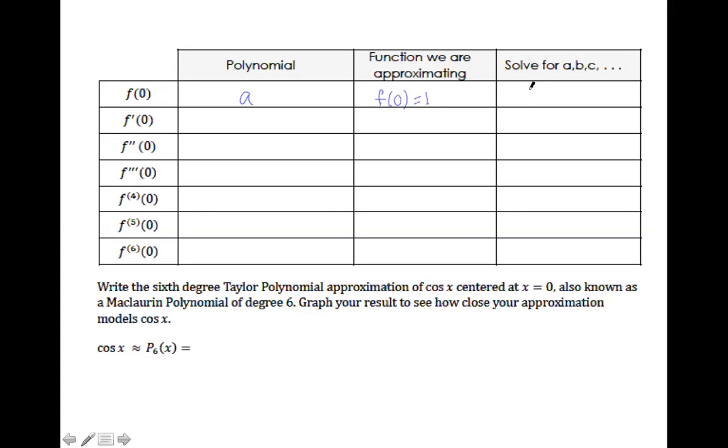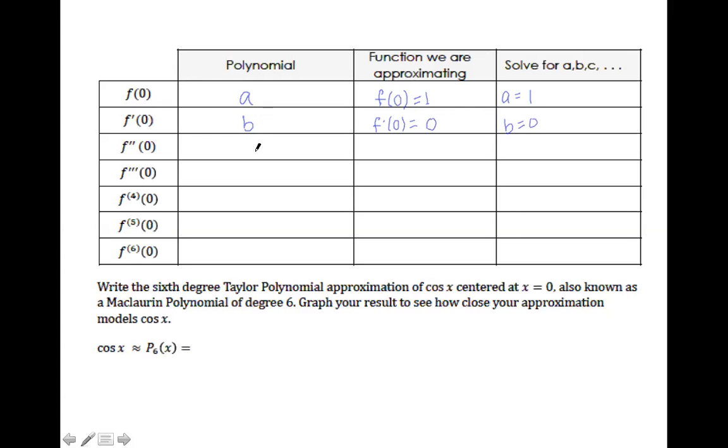So our a is 1. All right, for the second one, and you guys can do this, f prime of 0 would have been b. For our function, f prime of 0 would be negative sine of 0, which is 0. So our b value is 0.